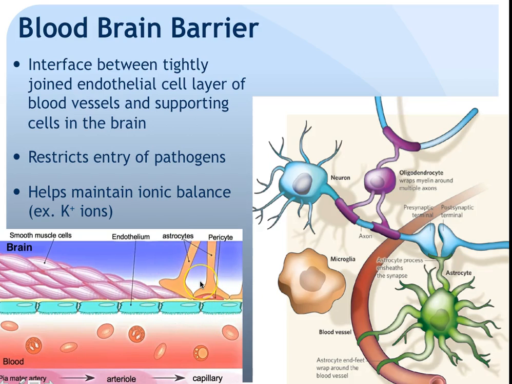And what they do is they restrict the entry of different types of pathogens, microorganisms. They also help to ensure that toxic substances that you might get exposed to don't get in.